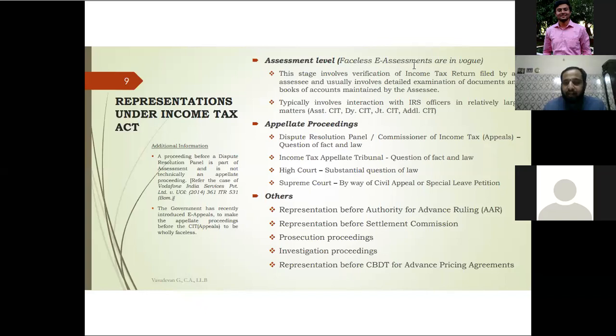Similarly, you can go to the Supreme Court after whatever order, either against any writ petition that you filed, where you file an SLP before the Supreme Court, or against any appellate order. These are very important areas where lawyers can really improve their practice, and they can have a very good flourishing practice here.